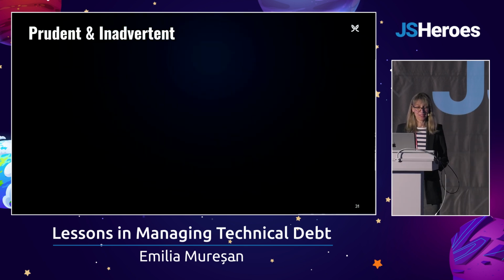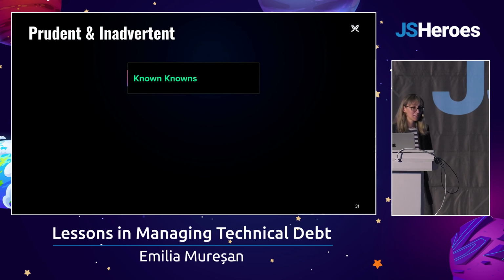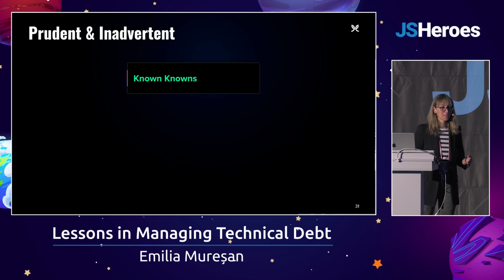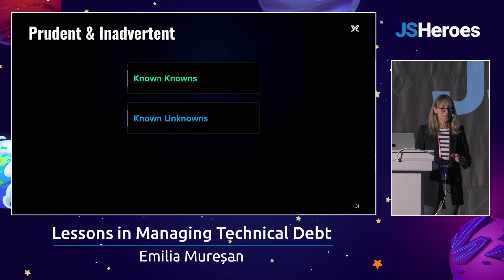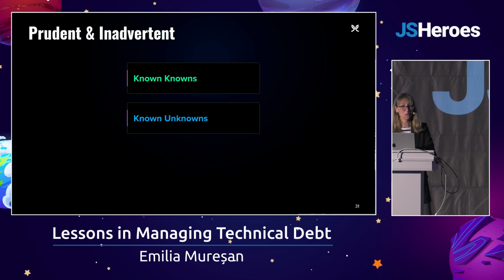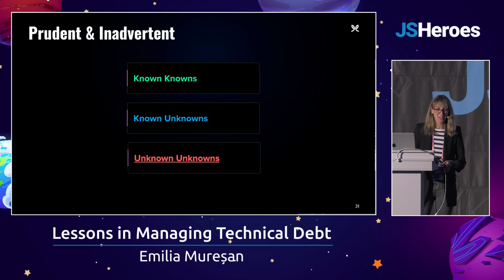With this case, I want to highlight that there are known knowns, things that we know. There are known unknowns, things we know we don't know. And the last category is unknown unknowns, things we don't even know that we don't know.